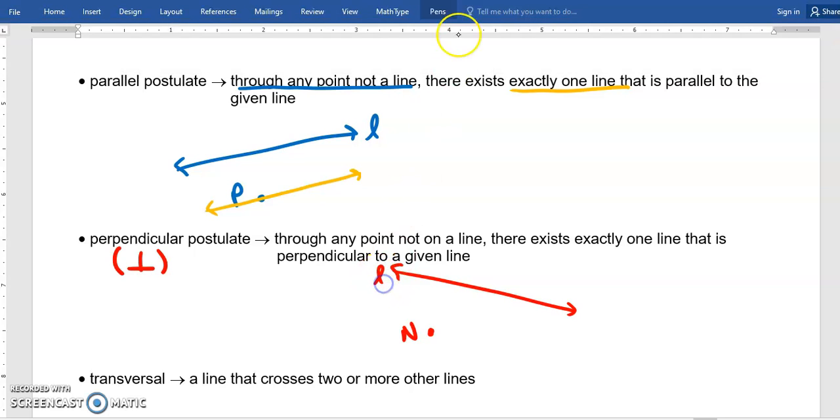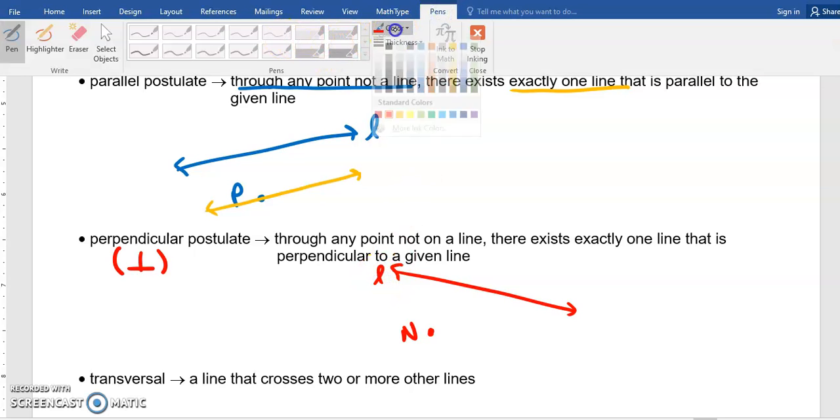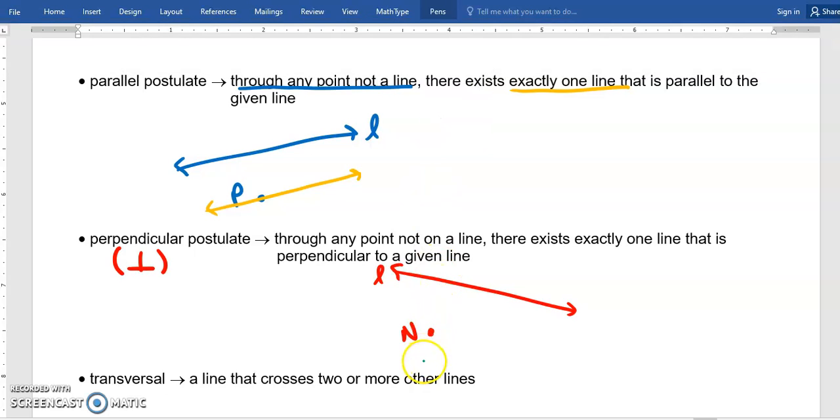We'll call that line L this time. There's only one line perpendicular to my given line that goes through point N. Perpendicular just means at a 90-degree angle. So parallel, perpendicular, and skew are the three pieces of vocabulary we need to talk about.